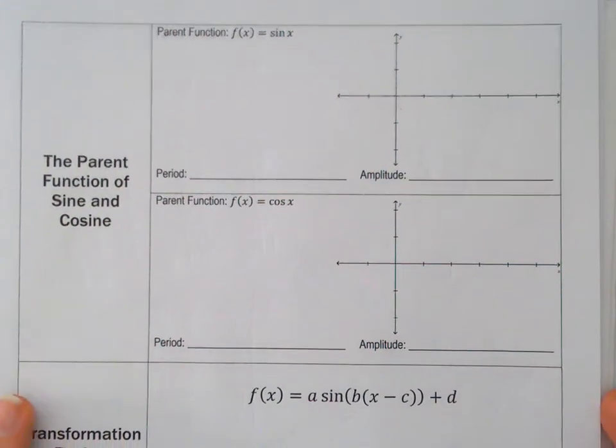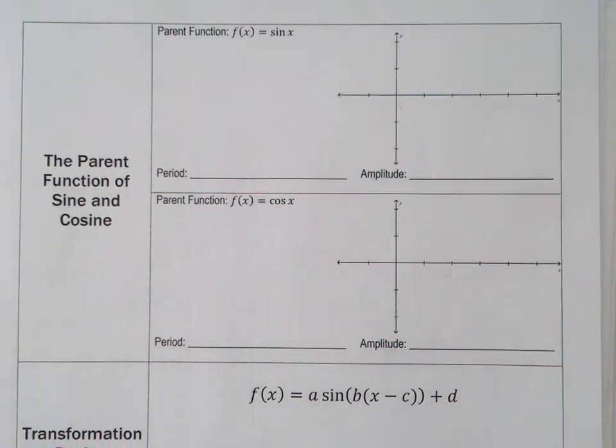So here we are, in our last section of chapter 6. This is our last one before our test. The one thing you need to help you is your unit circle.